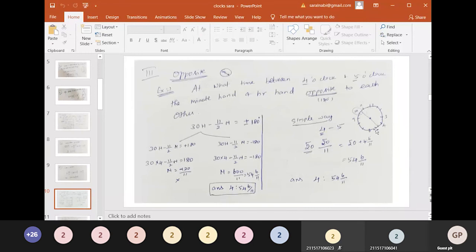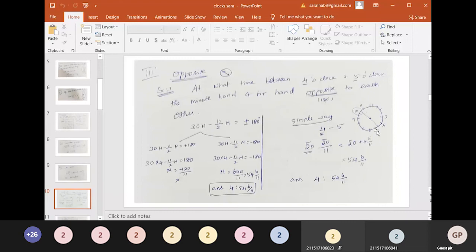Definitely the opposite direction of the other hand is between 10 to 11 when they are in opposite directions. If your hour hand is between 4 to 5, definitely the straight opposite direction of your minute hand is between 10 to 11. Correct or not?